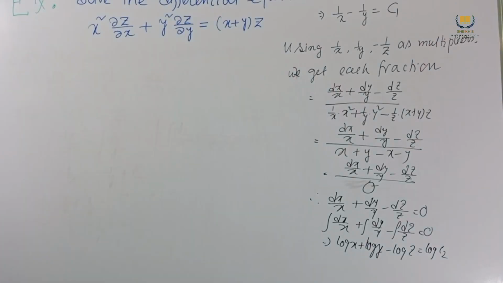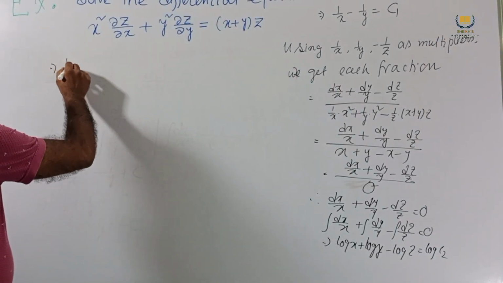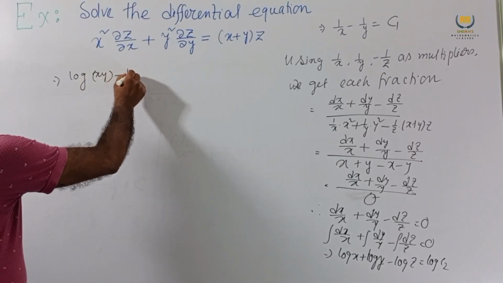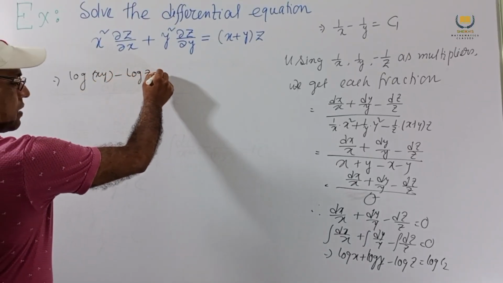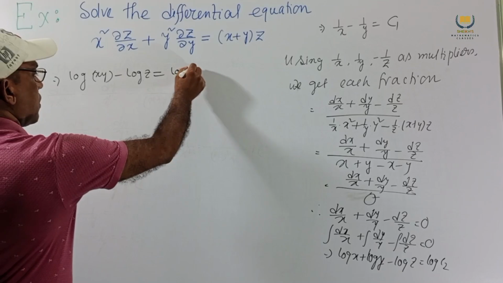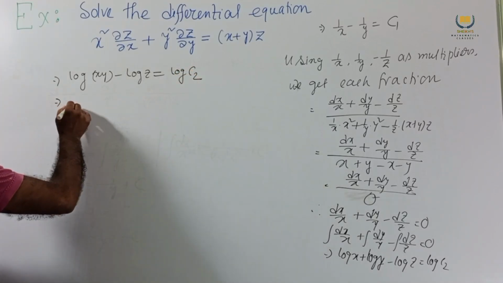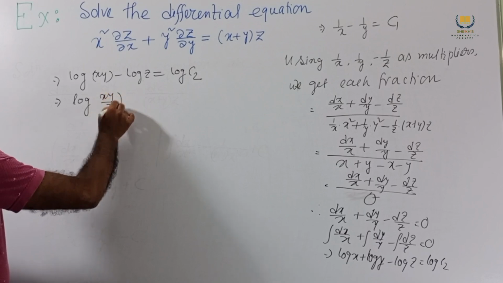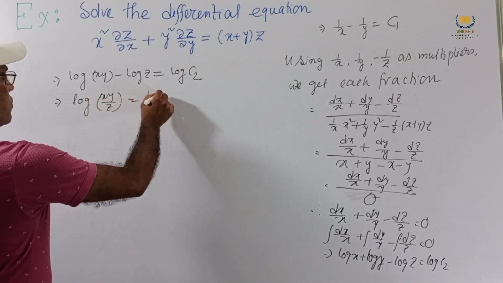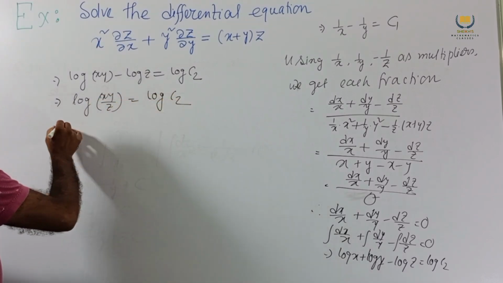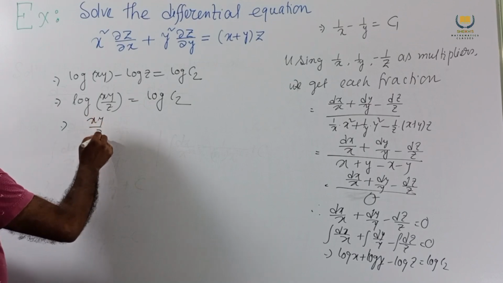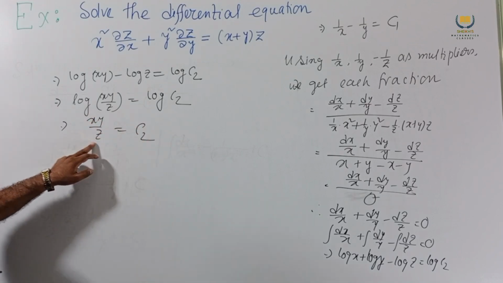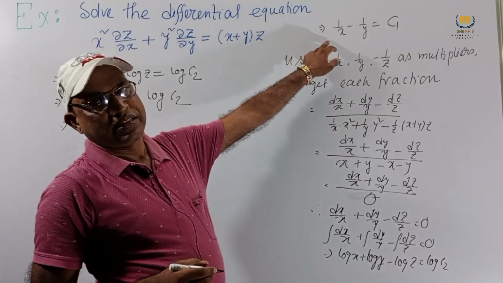This is log xy - log z = log c2, and this is log (xy/z) = log c2, and xy/z = c2. We get these two, and these are the answers.